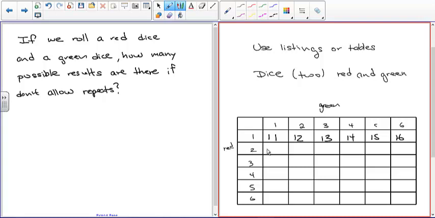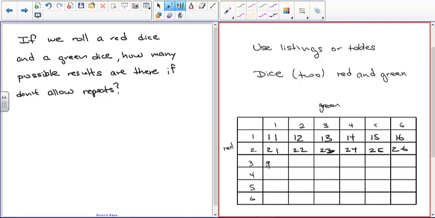We can get a 2 on the red dice. So all of these have 2 on the red dice. And then the second dice can be 1, 2, 3, 4, 5, 6.